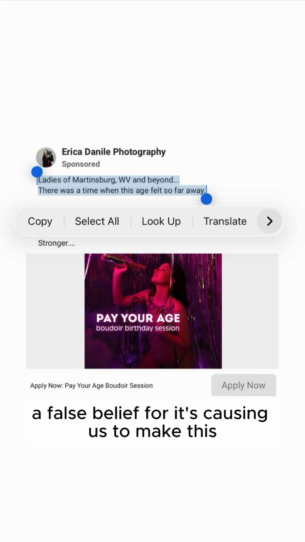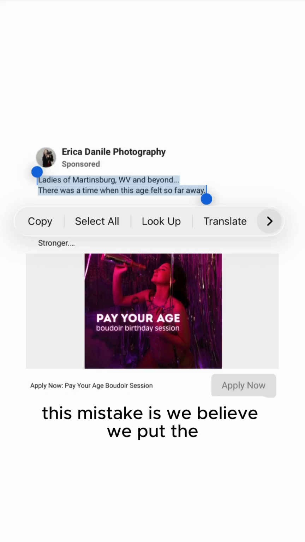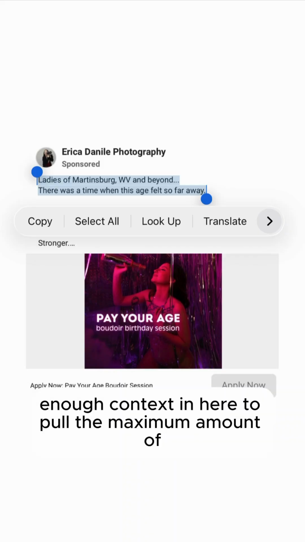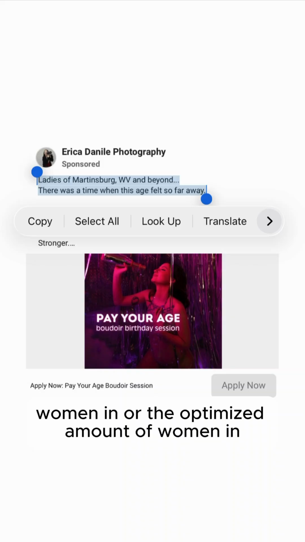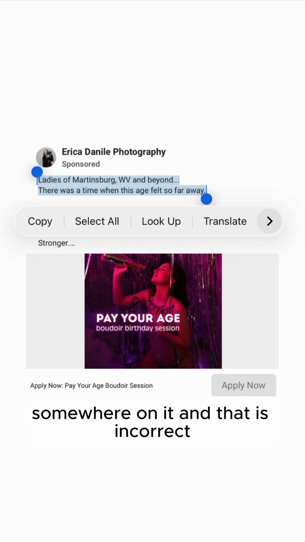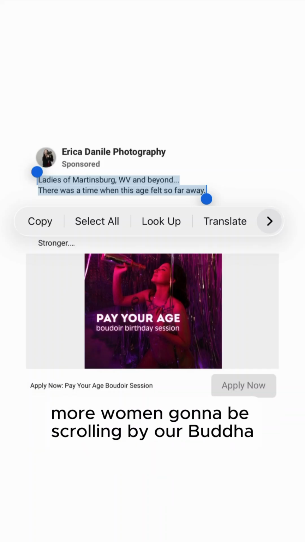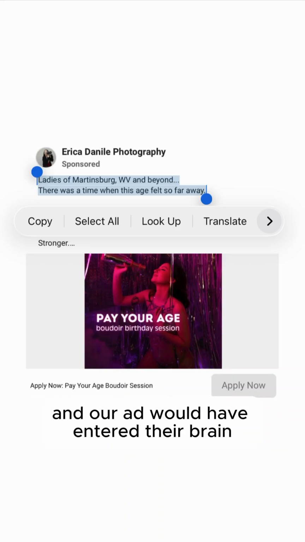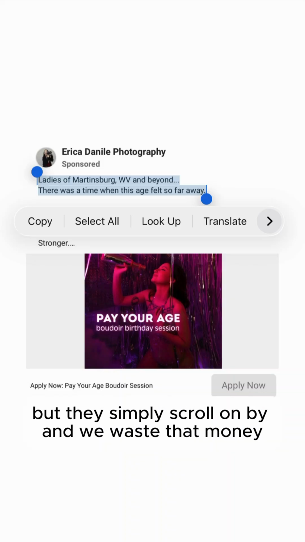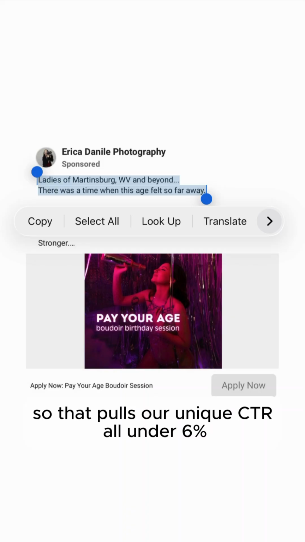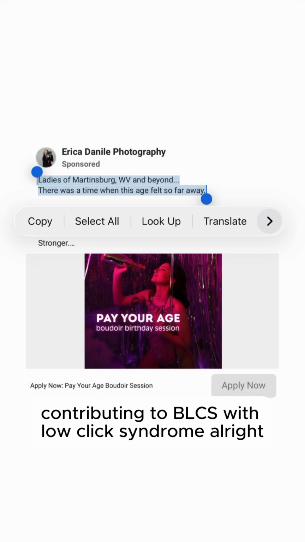The false belief causing us to make this mistake is we believe we put enough context in here to pull the maximum, or the optimized, amount of women into our Boudoir Facebook ad and click on it, and that is incorrect. The consequence of this is way more women scrolling by our Boudoir Facebook ad than necessary, when they could have been clicker inners and our ad would have entered their brain, but they simply scroll on by and we waste that money. So that pulls our unique CTR under 6%, contributing to BLCS, Boudoir low click syndrome.